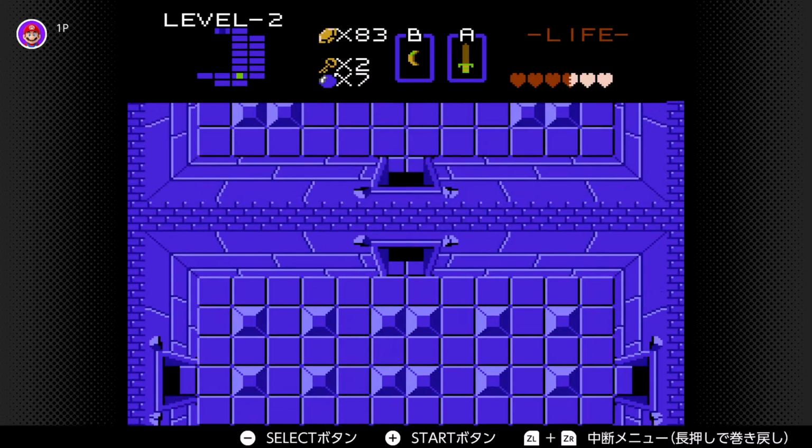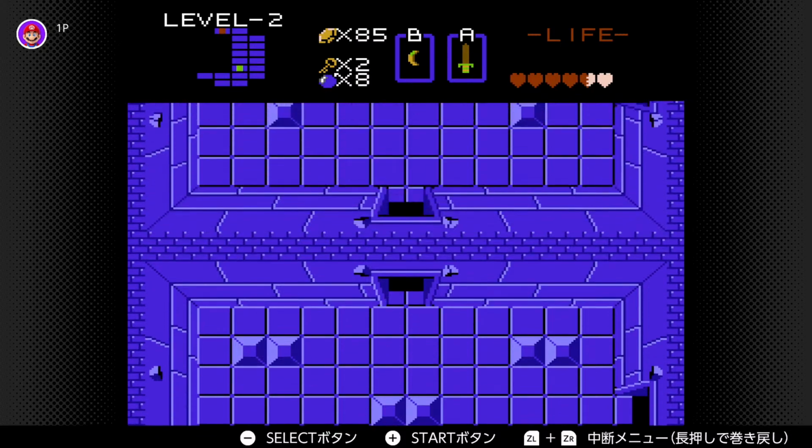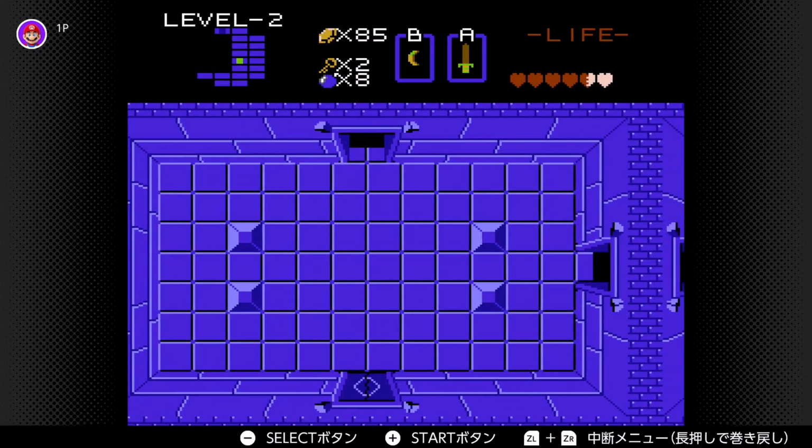Okay, now we have slightly more than before. Nice. Ooh, the clock. Perfect. So we can defeat these. Nice, we got everything. Let's ignore the ropes here.